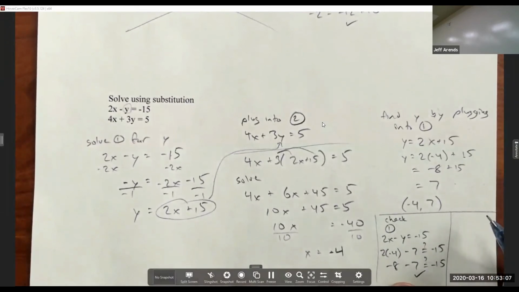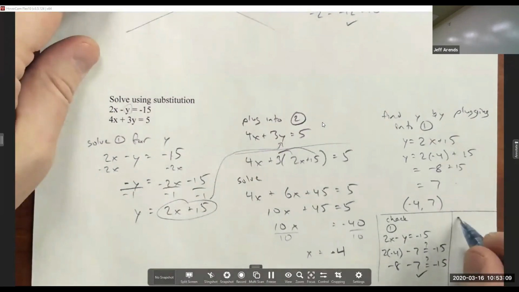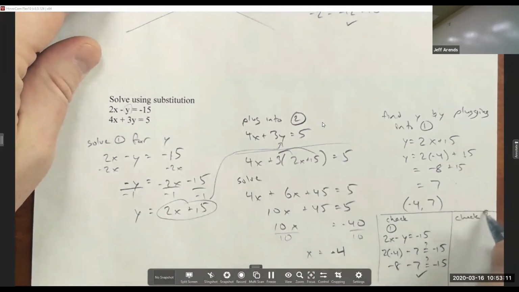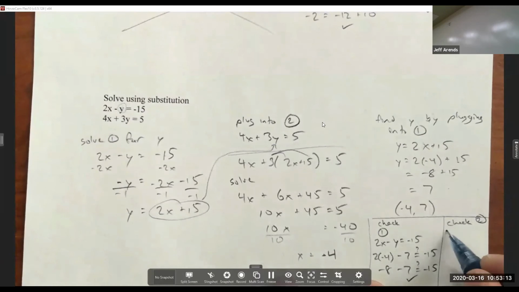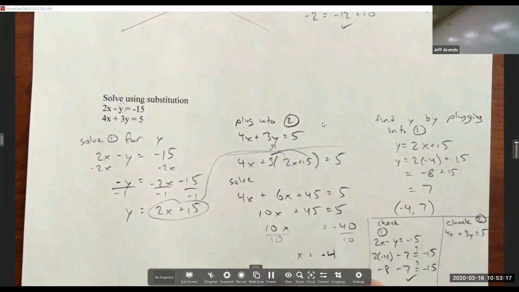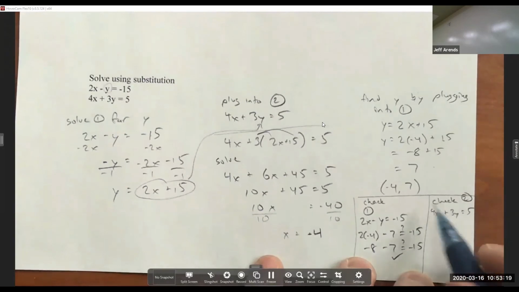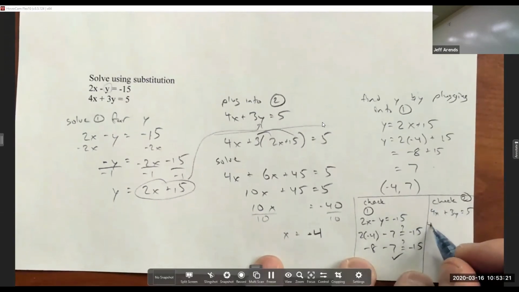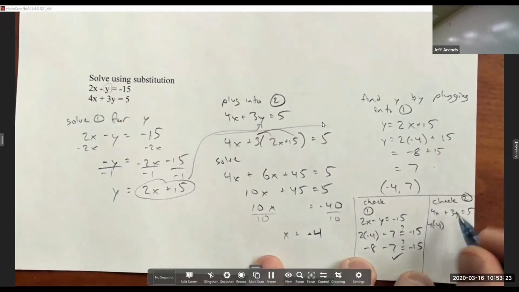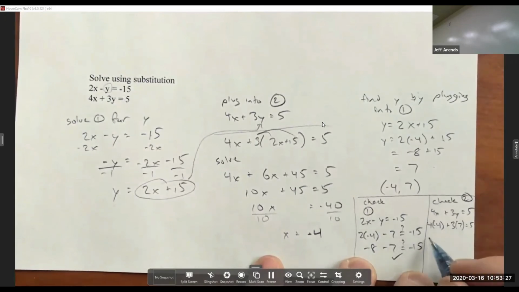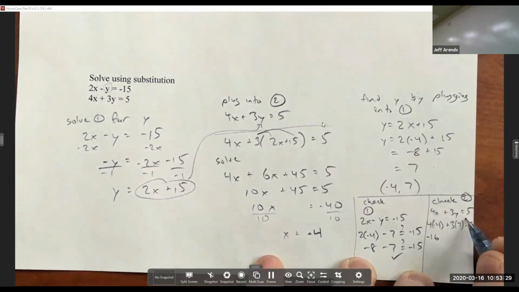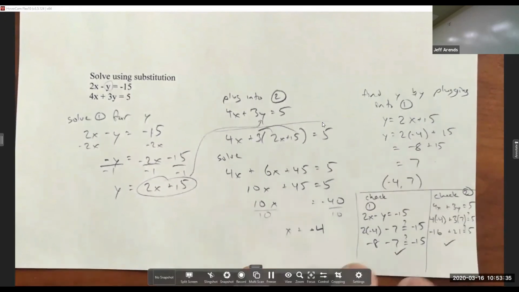With the other equation, that's 4x plus 3y equals 5. When I plug in this point here, I get 4 times negative 4 plus 3 times 7 equals 5. That's negative 16 plus 21 equals 5, and that's a true statement.